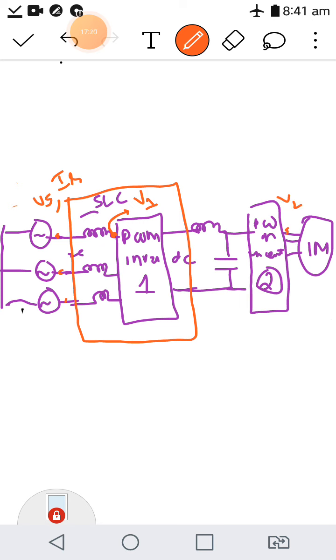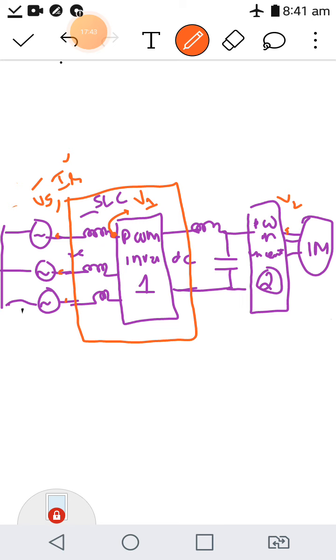Now during motoring and braking mode of operation, the PWM inverter 1 operates in such a way that both Vs and Is are in phase, and unity power factor is achieved.